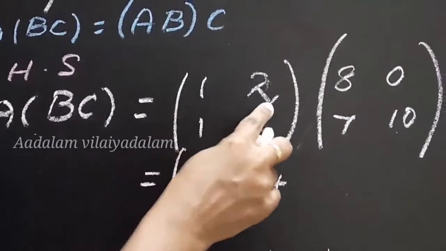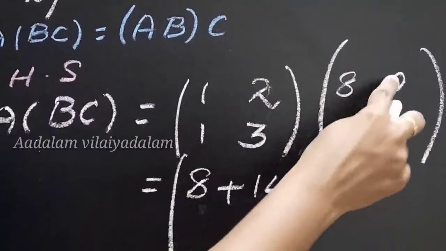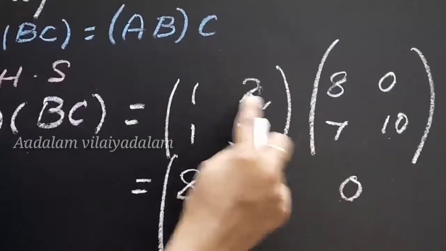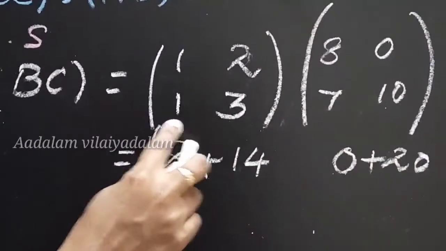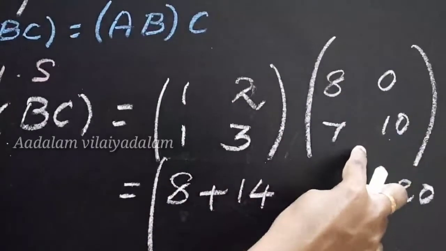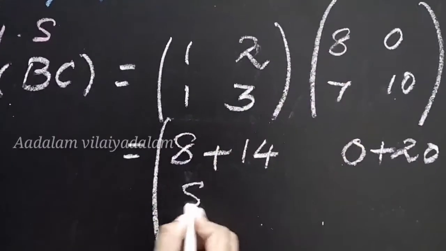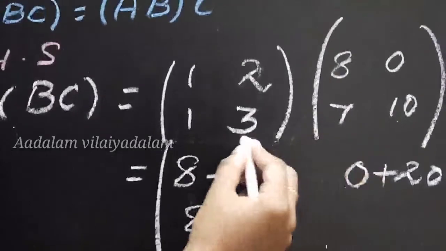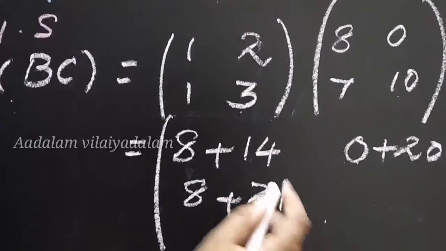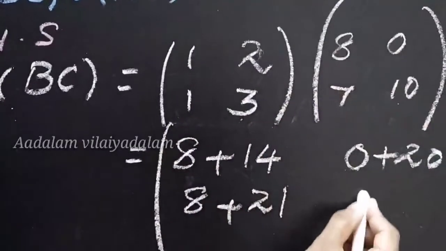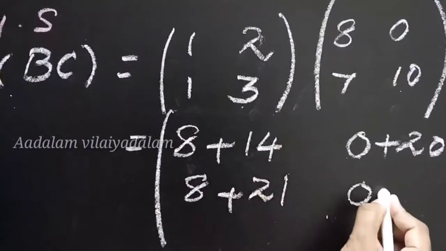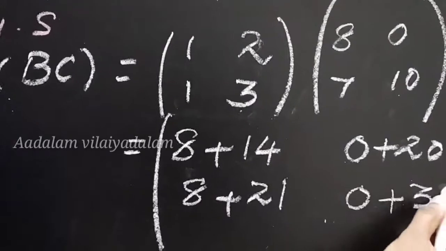Next the same row, second column, 1 into 0, 0, 2 10s are 20. Second row, the first column, 1 8s are 8, 7 3s are 21. The second row, second column, 1 into 0, 0, 10 3s are 30.